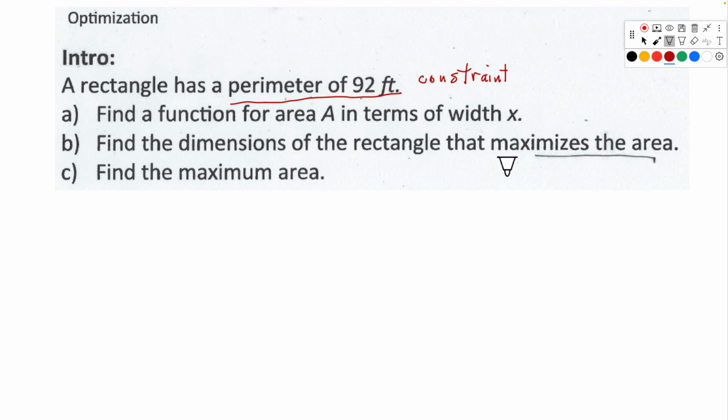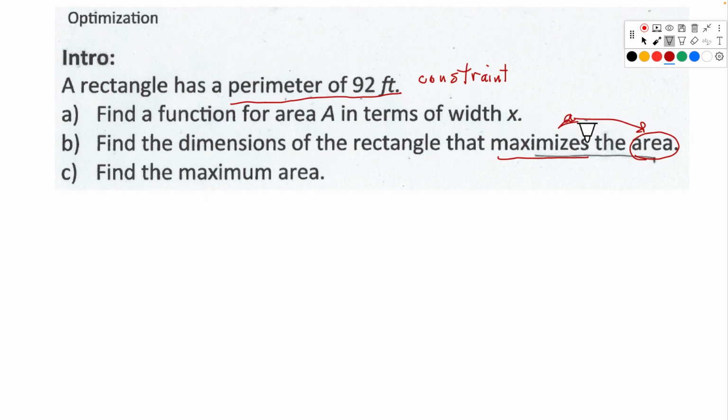And we look for the word maximize or minimize. There's that. And so we know that what we're optimizing is the area. We don't have to rewrite it. That's what we're going to maximize.